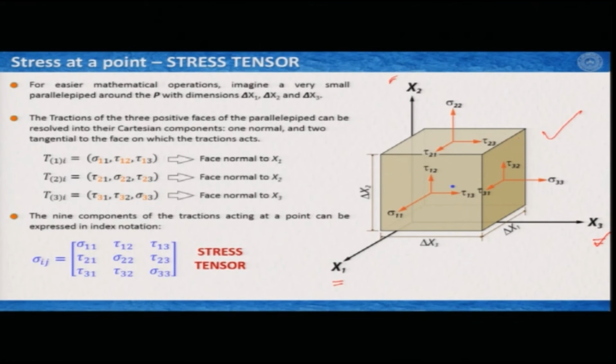So, this plane where I am marking a little dot is perpendicular to your x3, this plane is perpendicular to your x2, and this plane is perpendicular to your x1, and these 3 planes and their opposite planes hold this point P. So, this is a very magnified view around a point P.